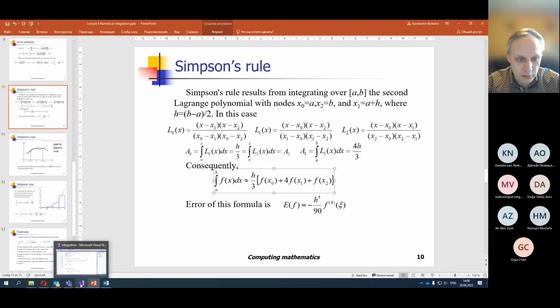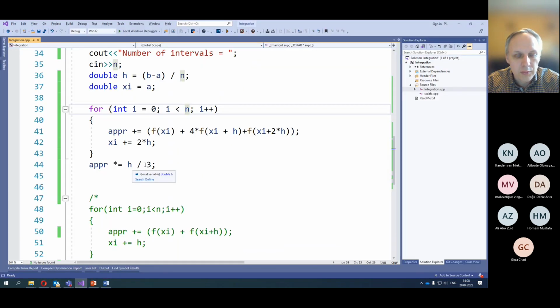I don't know why it's not working, because it should work. Okay, let me modify this formula.